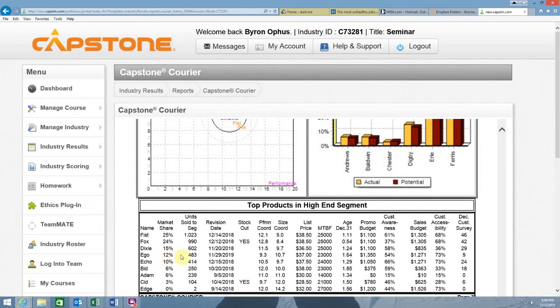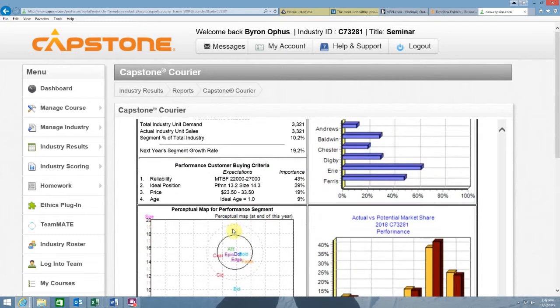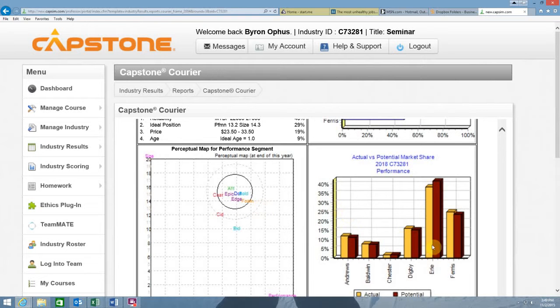I think we'll see that continue. Yeah, we'll see. In the performance segment here, Erie dominates, and they do have the two products there, while Ferris only has one product, and that's why Erie's kind of dominating a little bit there. Digby's hanging around too, and not in too bad a position.